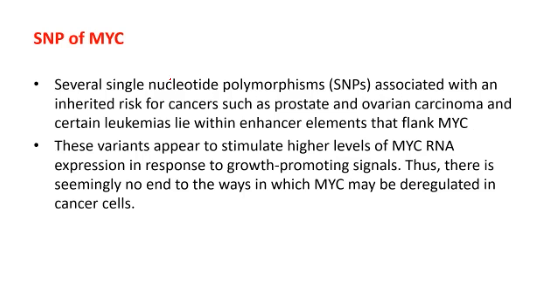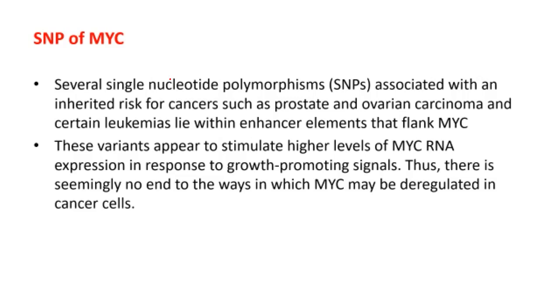So a special note: inherited polymorphisms are just changes which are seen in many people. It's not a mutation. When you compare that DNA to the general population, these people have a different kind of DNA sequence. So what is the difference between mutation and a polymorphism? Mutation is something where the same kind of DNA sequence is not even present in the normal cell of the same person.